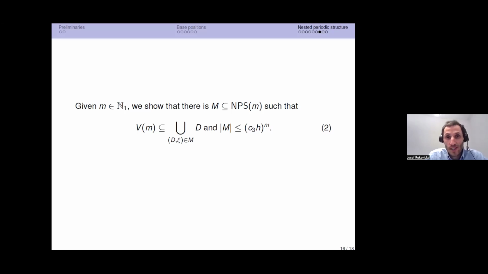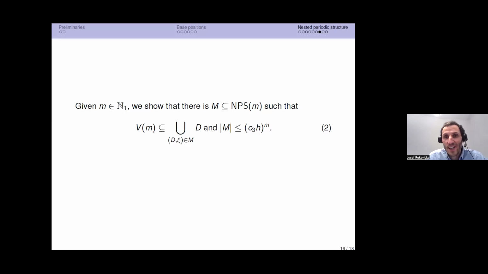These 2 results are the most important results of the paper. If I put them together, I have the result. So here I have polynomially many nested periodic structures. And if I have one nested periodic structure, it can have many periods. But as I showed before, for the base positions that I want to cover, only a small number of periods are of relevance.